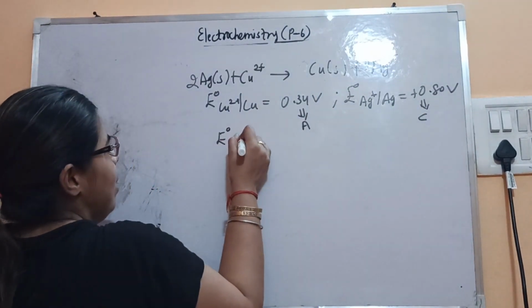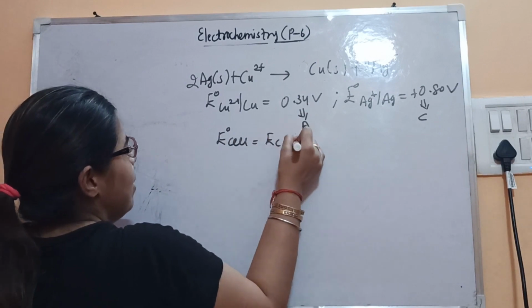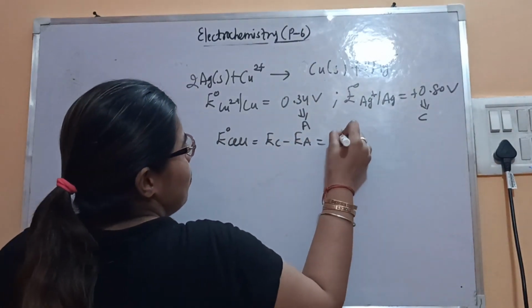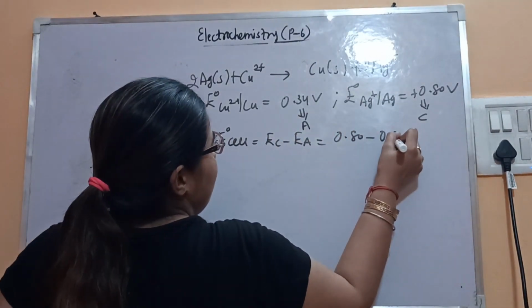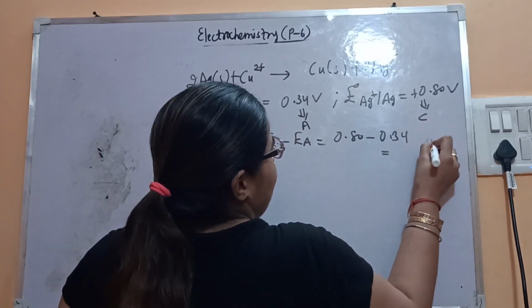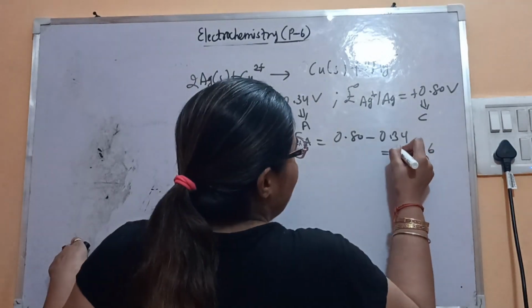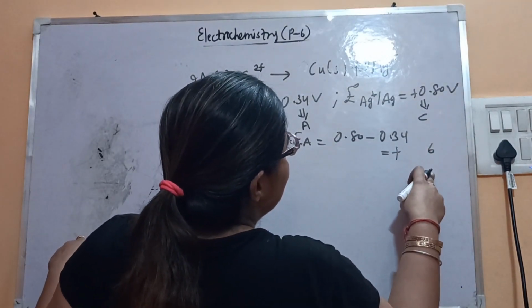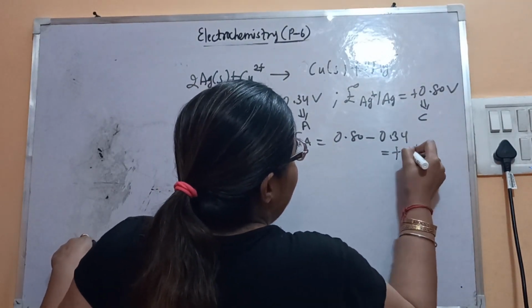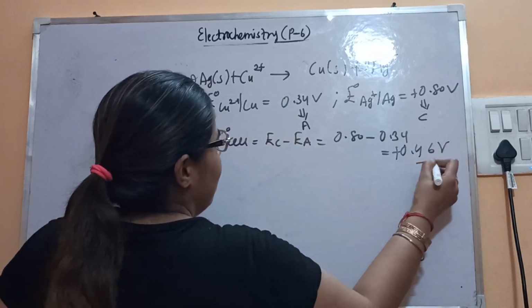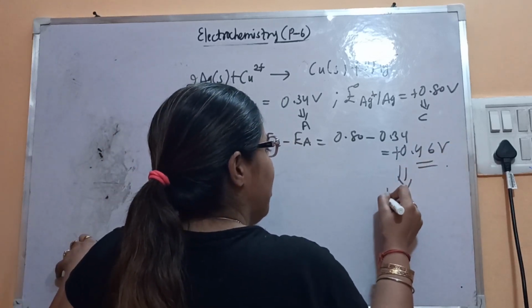So E naught cell is equal to E cathode minus E anode. Cathode is 0.80 minus 0.34 gives you what? Positive value only, 0.46 volt. Okay, it means it is feasible.